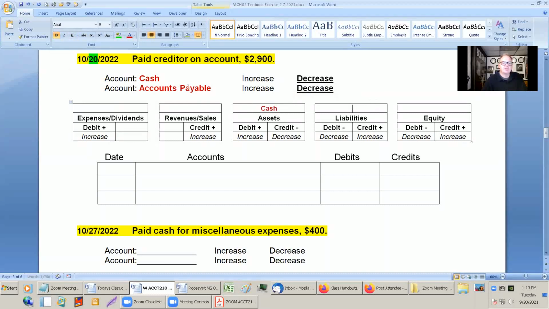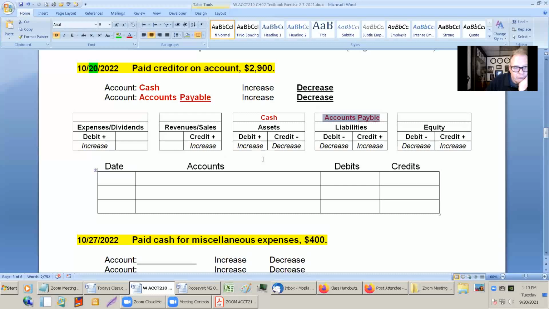Now, whenever you see that magic word payable, liability, so accounts payable. Okay, so cash is going down, so will it be a debit or credit? Credit. Yep. Cash is going down.